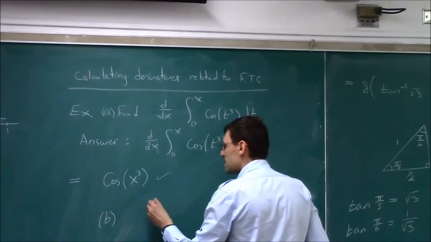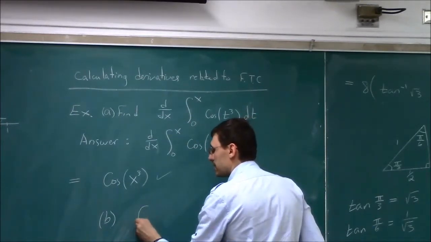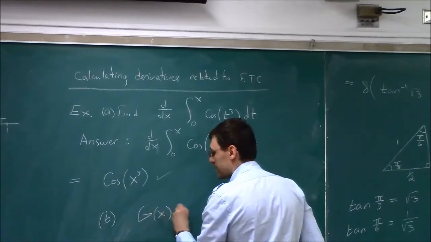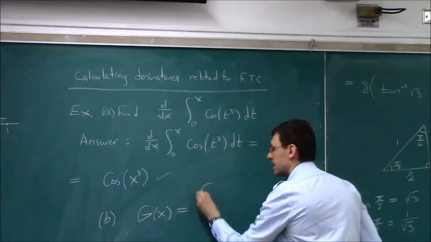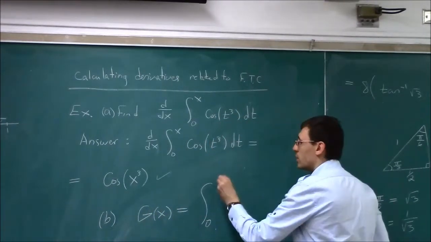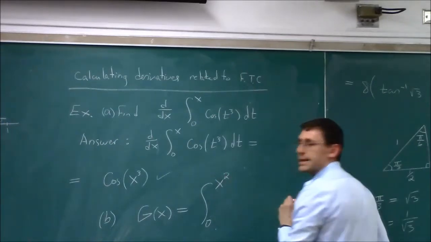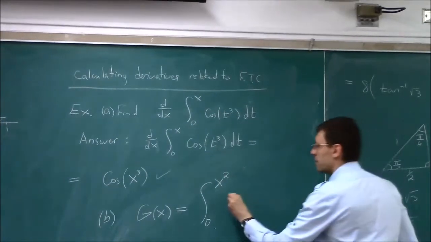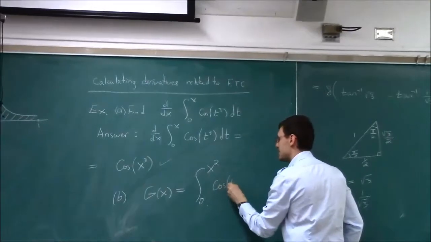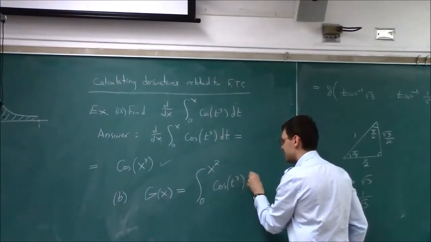Let's try B. Now, suppose we are dealing with a new function, g of x. Now it's the integral from 0, not to x, but to x squared of cosine t cubed dt.